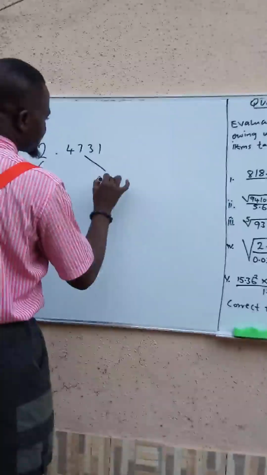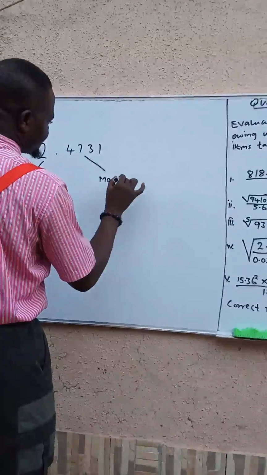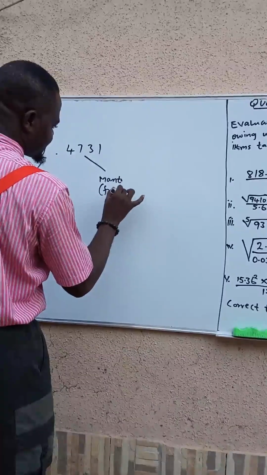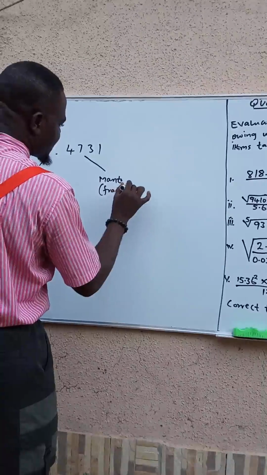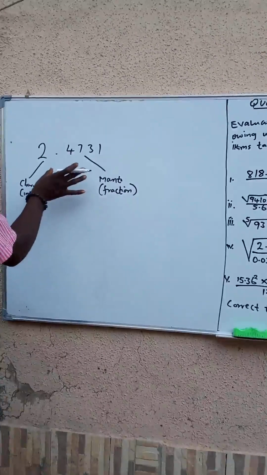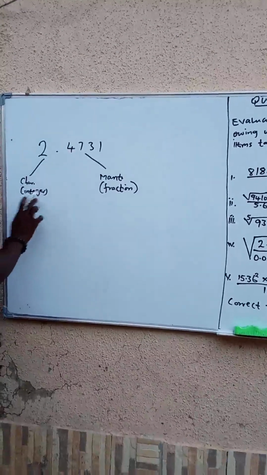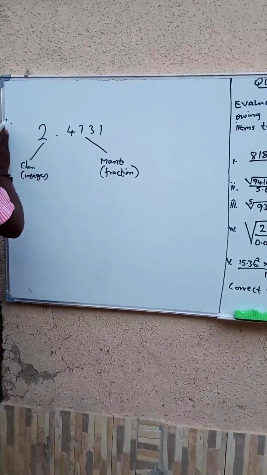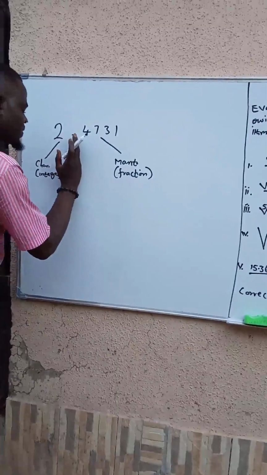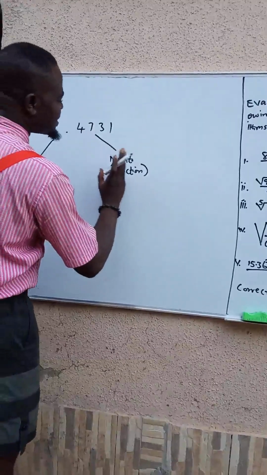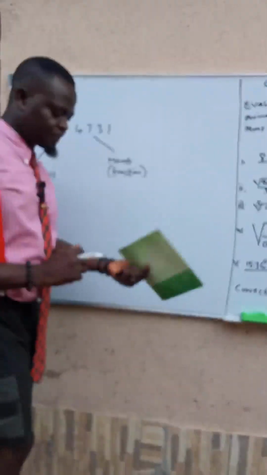I will say this one is mantissa, or it can be called fraction. This is very important in case they ask you anywhere. So please take note. Before the decimal point is integer or characteristics. After the decimal point is called mantissa or fraction.